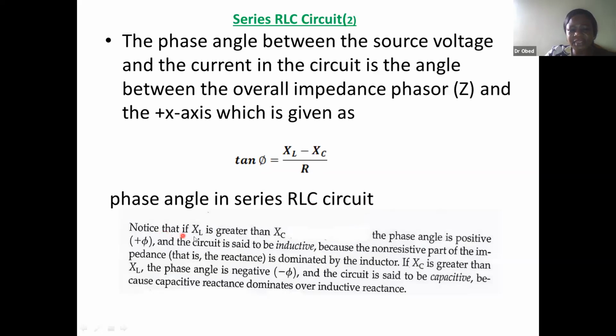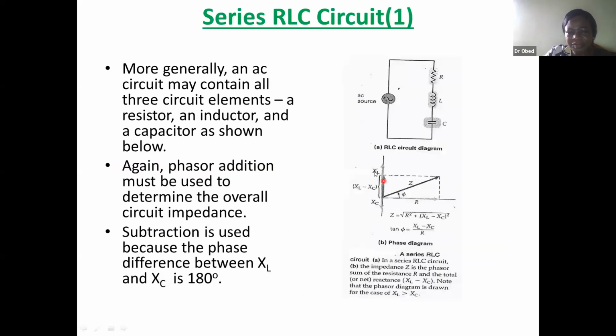So notice that if XL is greater than XC, the phase angle is positive. We'll go back and look at that. If XL is greater than XC, what happens?